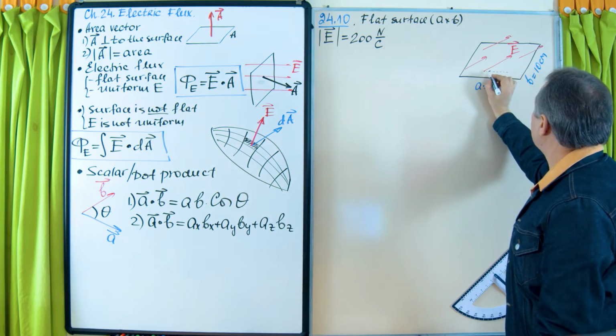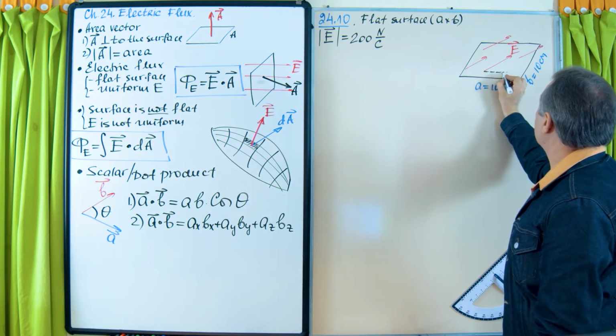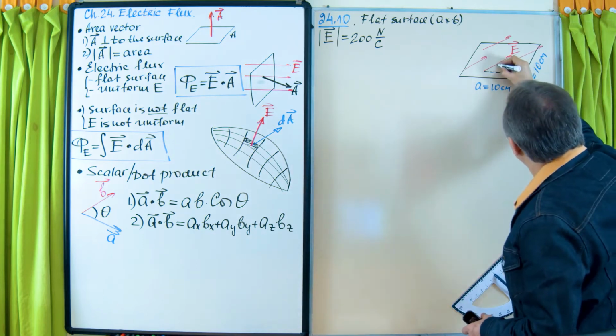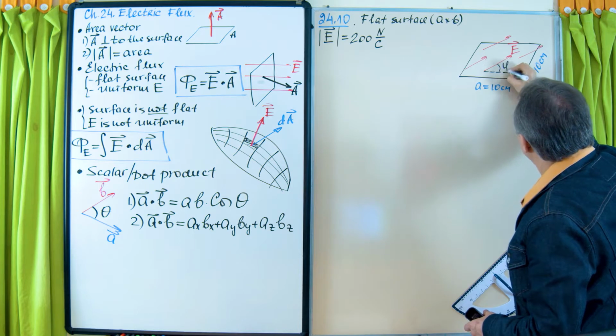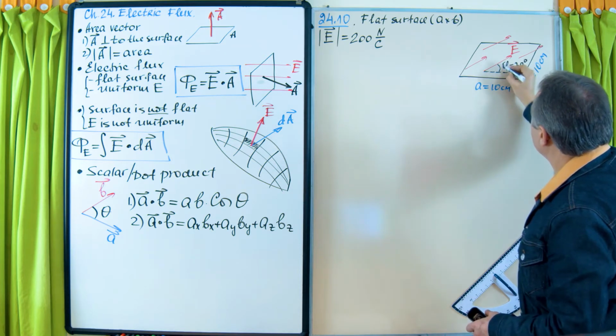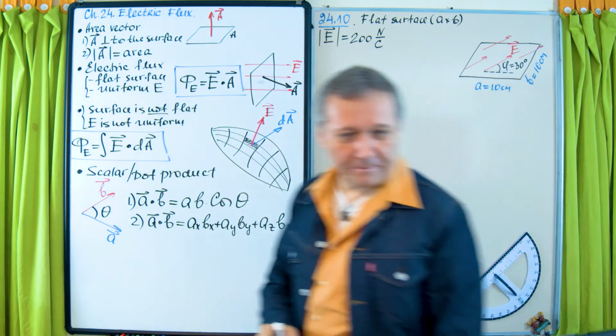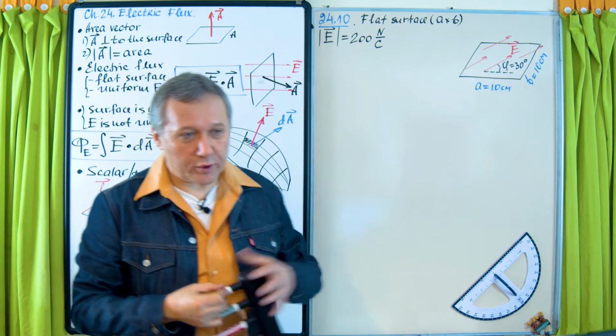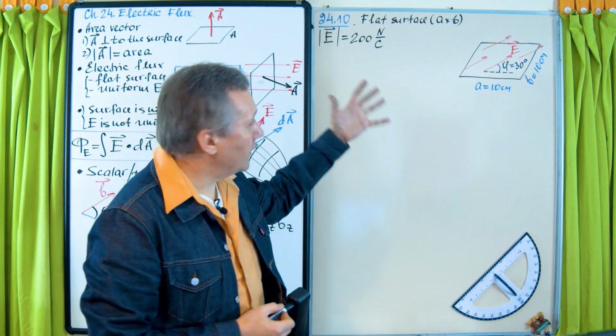Maybe I need to make it solid. So this angle is given. Let's call it phi, and it's 30 degrees. So that's what is given in the problem. And of course, the question is to find the electric flux.